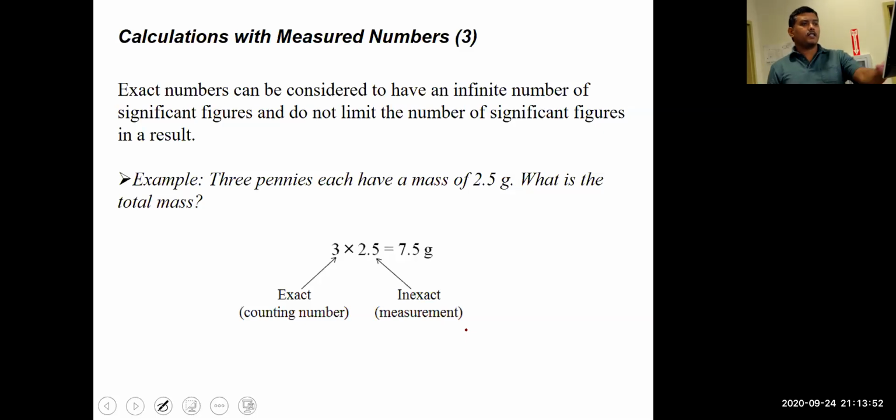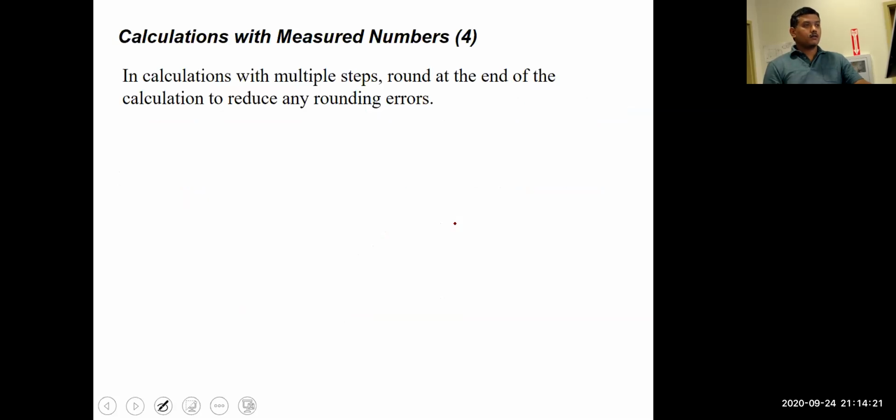Let's say you are counting 3 pennies, each with a mass of 2.5 grams. Your answer shouldn't take the exact number as a significant figure. So here you have two significant figures, and your answer will have two significant figures because that is the inexact, or measured, number.